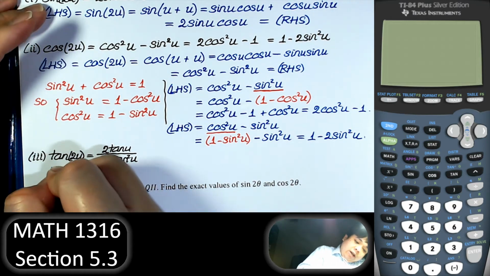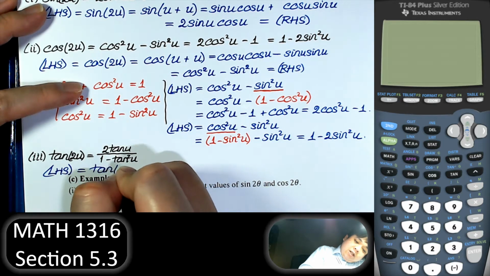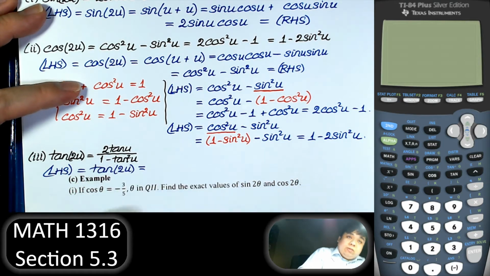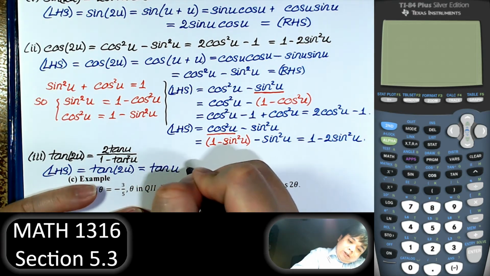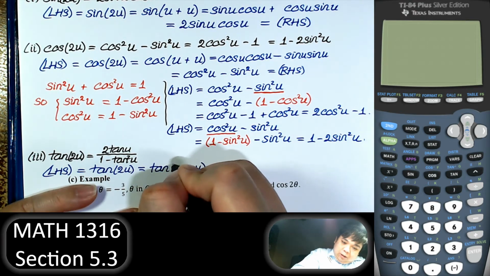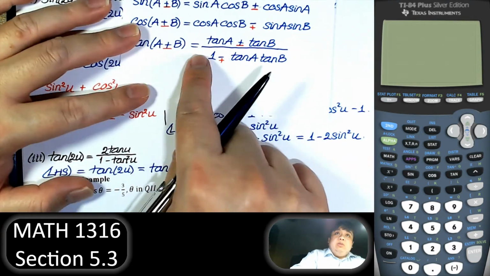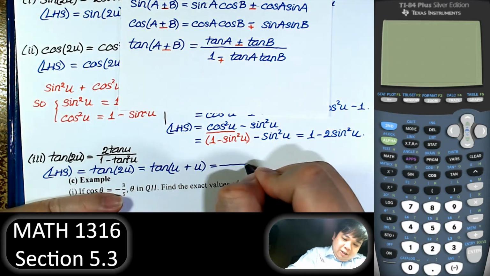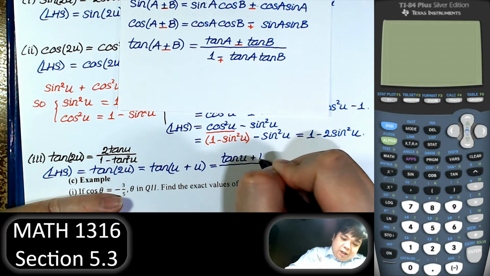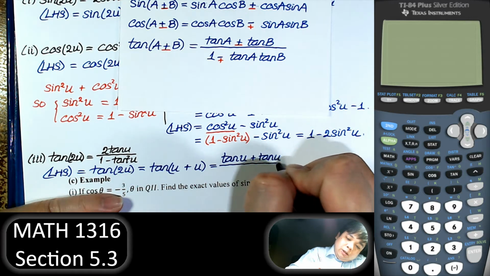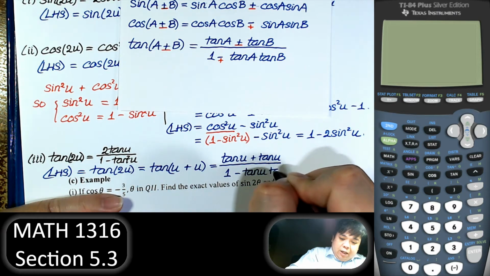We start from the left hand side, and tangent of 2u is tangent of u plus u, and tangent of a sum is going to be tangent of u plus tangent of u over 1 minus tangent of u, tangent of u.